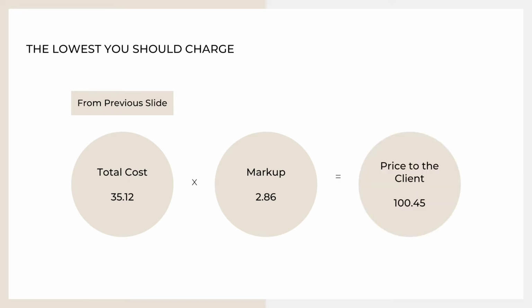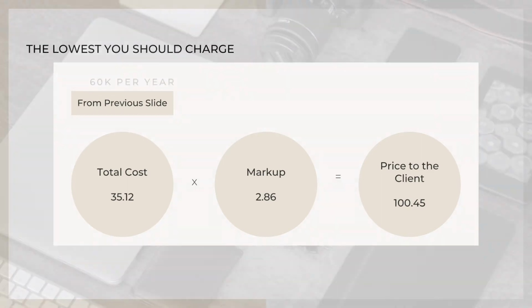And from there, ta-da, guess what? We get $100.45. Okay, cool. And this is really in line with what we had talked about before. The total cost is 35%, and so basically $35 in your cost ends up being $100 right there. Makes sense.